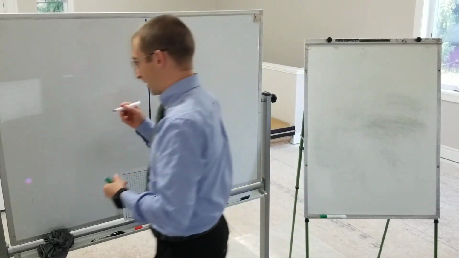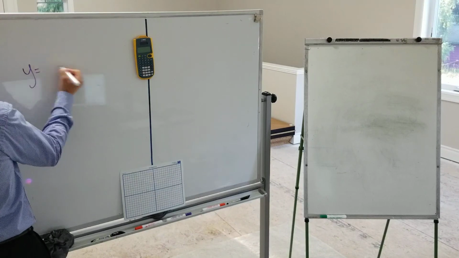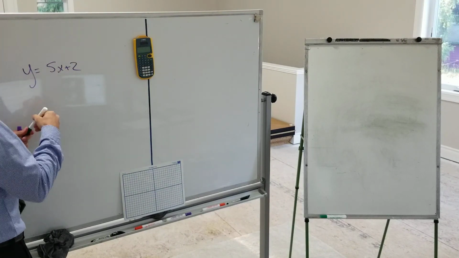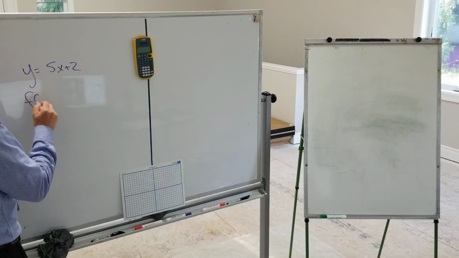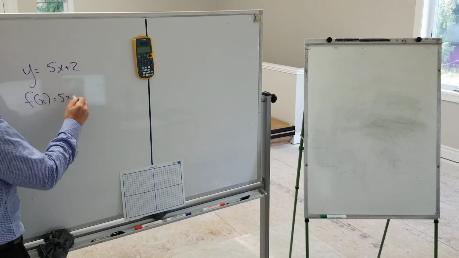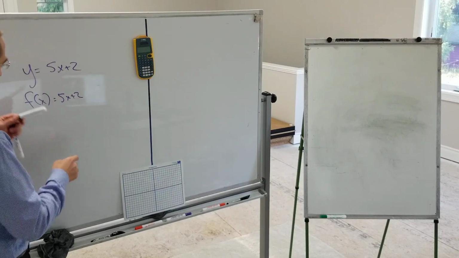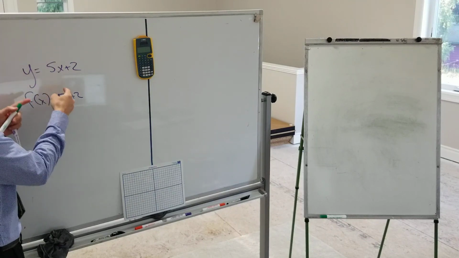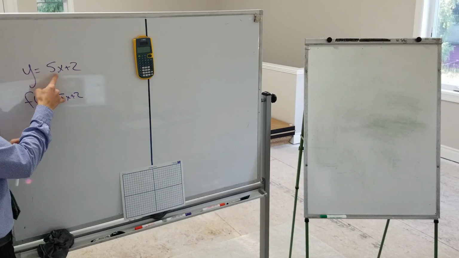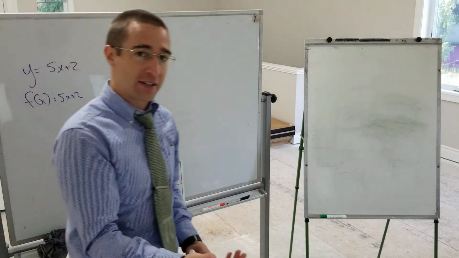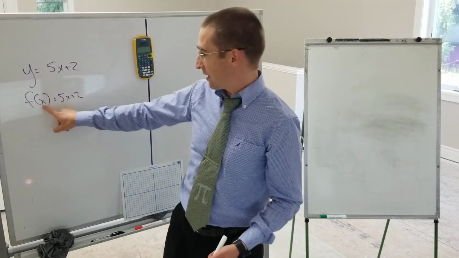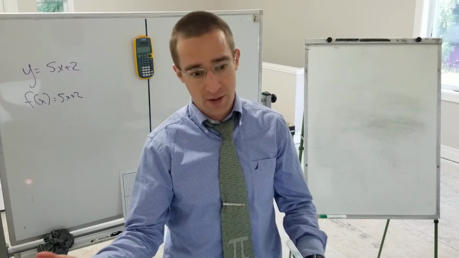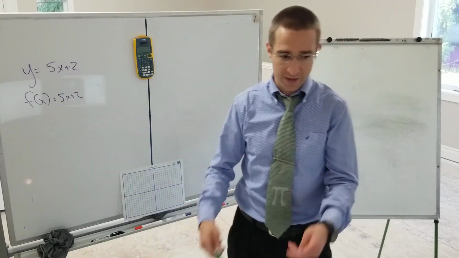Usually you've got something like y equals 5x plus 2, or you could have f of x equals 5x plus 2. The y or the function f can be interchangeable, but the output depends on what the x number is. So we call the x number our independent variable, and the output is dependent.